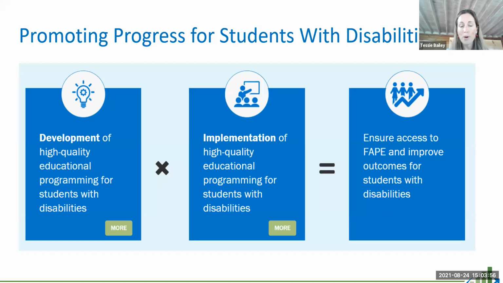Now, to ensure free, appropriate public education, or what we refer to as FAPE, and improved outcomes for students with disabilities, the Progress Center supports local educators, as I mentioned, in both the development and the implementation of high-quality educational programming. Now, a well-designed IEP outlines the supports and services necessary to promote progress towards ambitious goals.